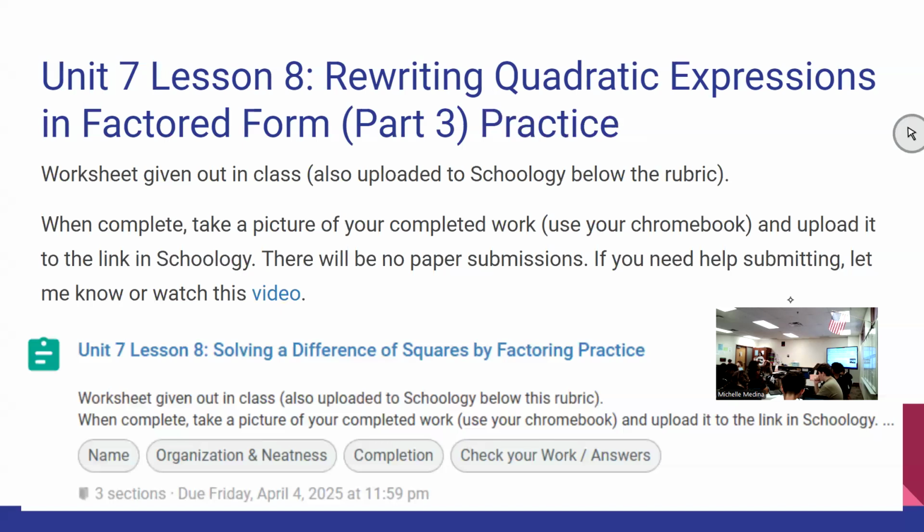I do want to see work shown. I don't want to see just answers. Granted, today's method doesn't have a whole lot of work to show, except maybe once you get to the second part of your paper. But I should not see just answers on the whole thing. So you have to show work, and upload it to school if you're done.